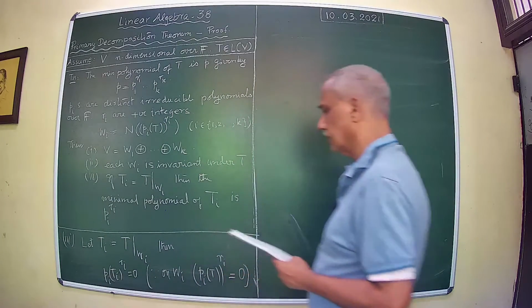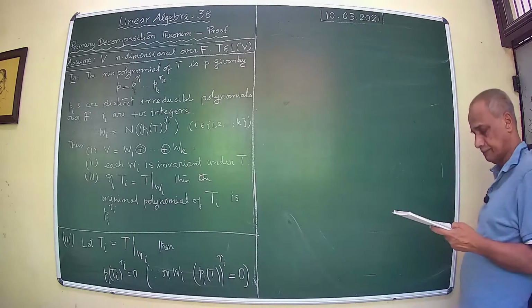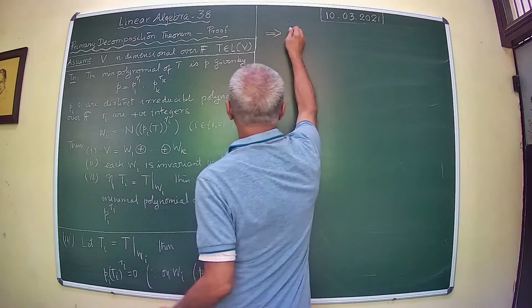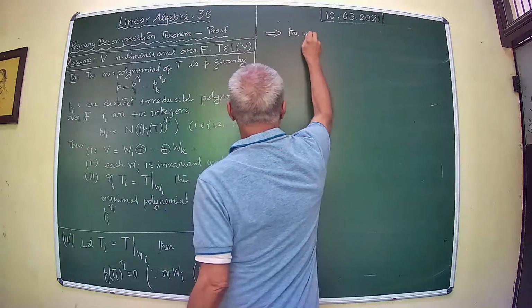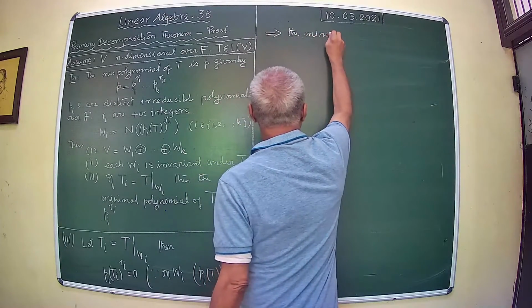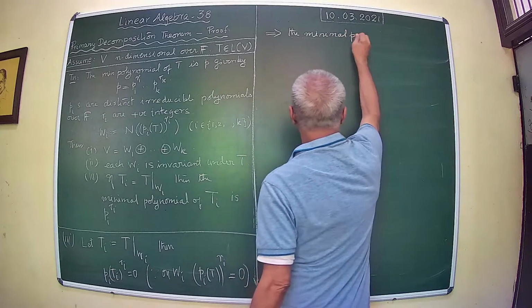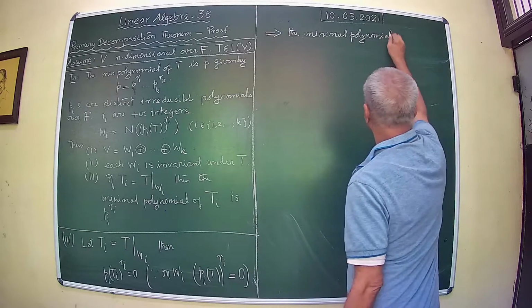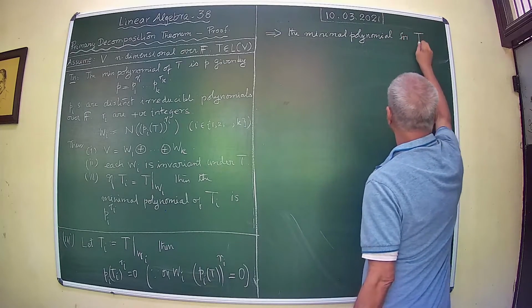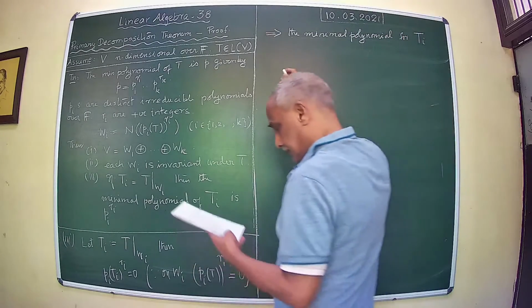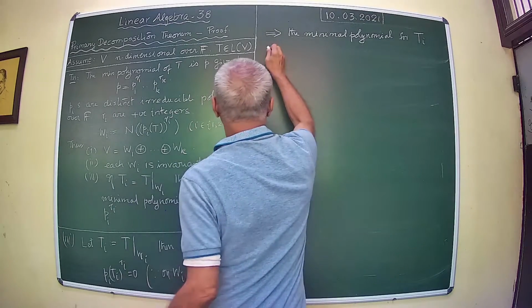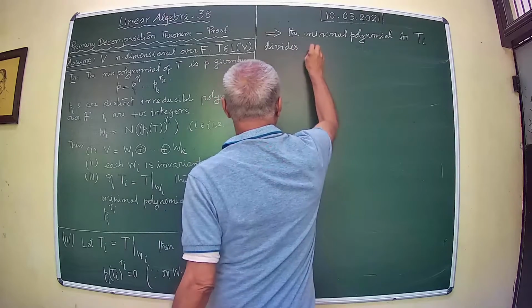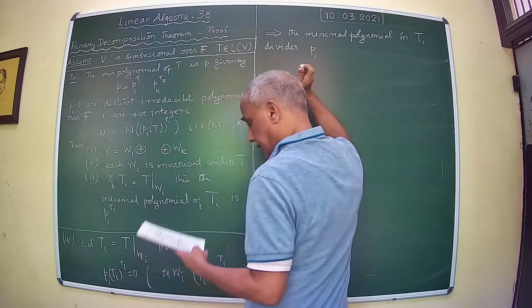That's it. Now this implies the minimal polynomial for Ti divides Pi to the power ri.